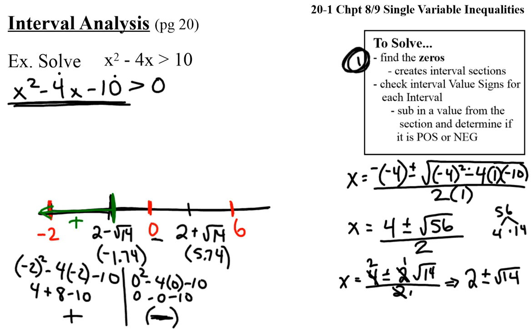So we know that our middle interval is negative. And finish with this last interval section using the 6. 6 squared minus 4 times 6 minus 10. 36 minus 24 minus 10 leaves us with positive.